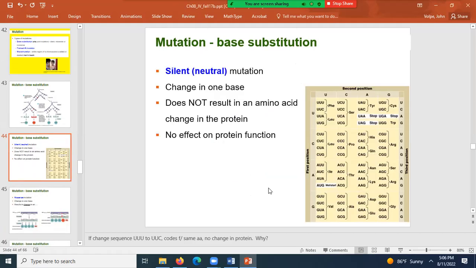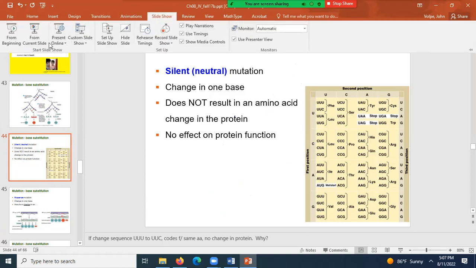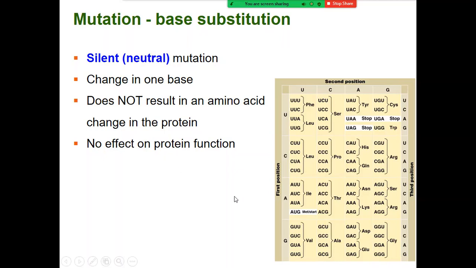Base substitution can cause a silent mutation, and that's where you change the nucleotide base, but you do not change the protein. That's the case because if we had UUU, and this is the codons of the messenger RNA, and it would be mutated to UUC, that changes the messenger RNA, but it does not change the amino acid.